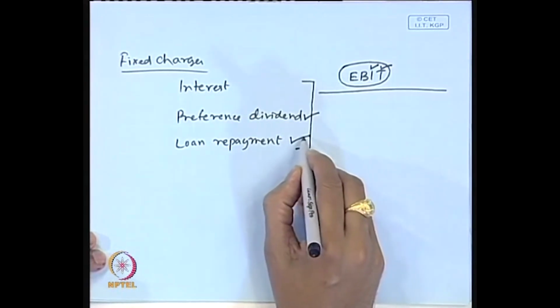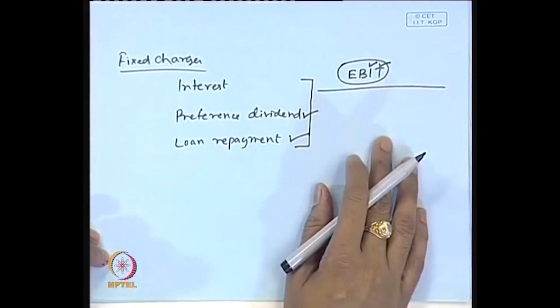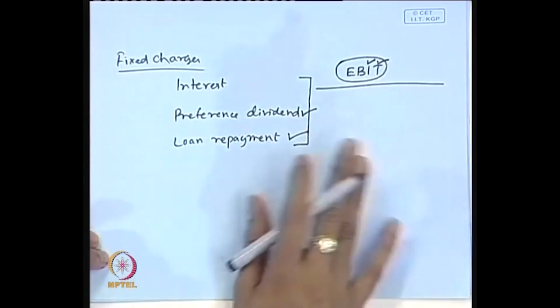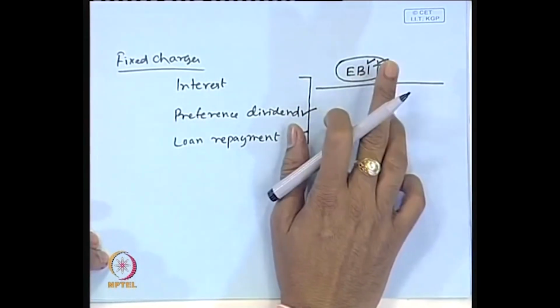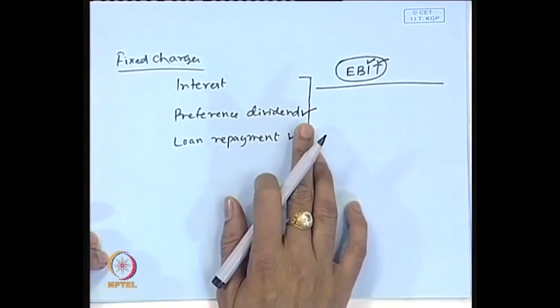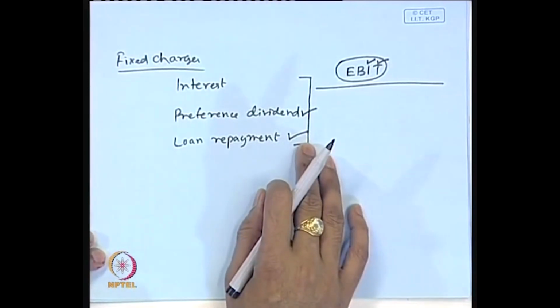Though loan repayment is not a part of the income statement, the surplus created by this company should take care of all its obligations towards outsiders, including government because of tax. So, interest, tax, preference dividend payable to preference shareholders, and any loan repayment scheduled for that day have to be taken care of.